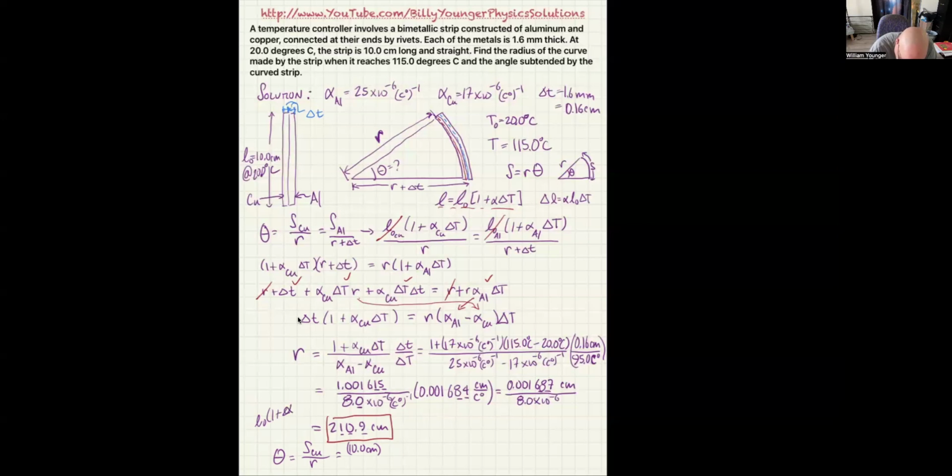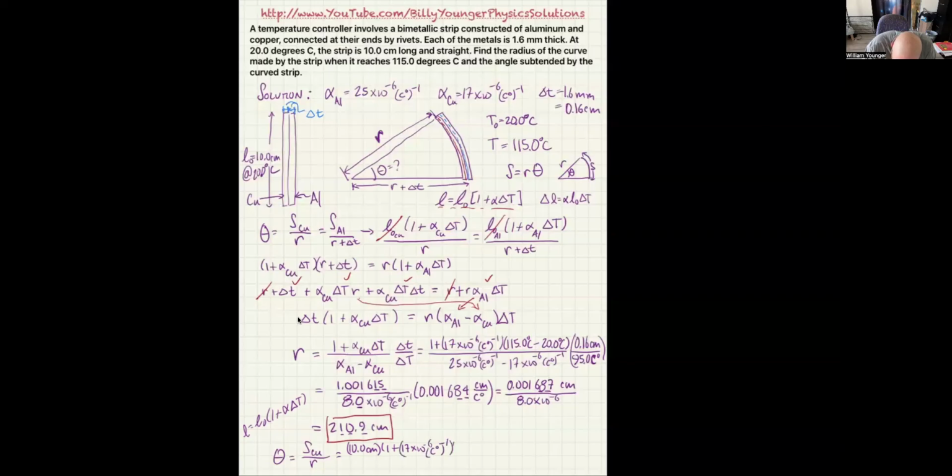Excuse me. Let's fix that a little better. L0 times 1 plus alpha delta t, that being the final length. That's the formula I'm using. So this 10 centimeters is the L0, then plus 1, and now I'm using the copper, and the copper is the one with the 17 times 10 to the negative 6 reciprocal Celsius degrees.